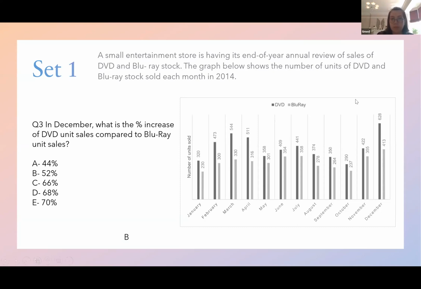And someone has popped in the chat how to figure it out, I think I saw. So you figure out what the difference is, percentage change. So you figure out what the difference is, you divide that increase by the DVD sales.